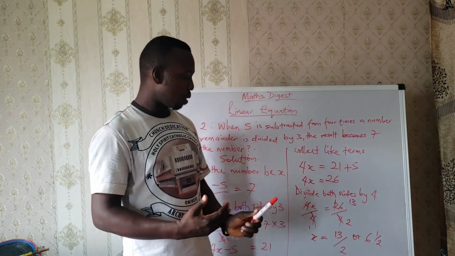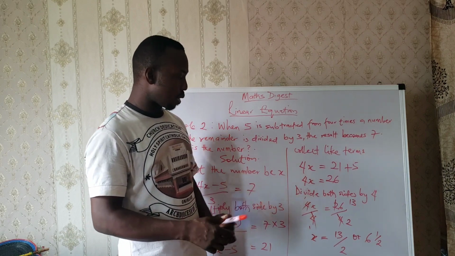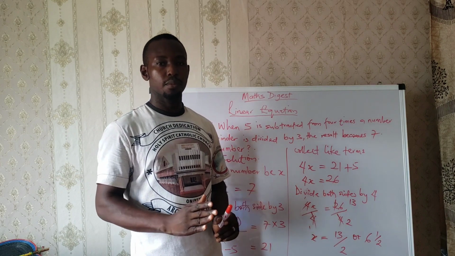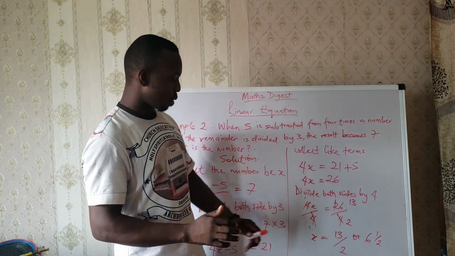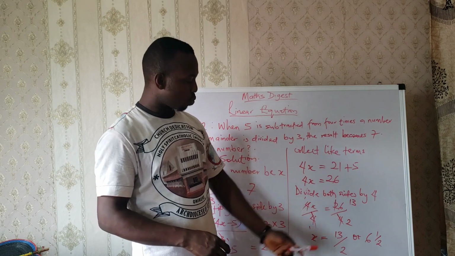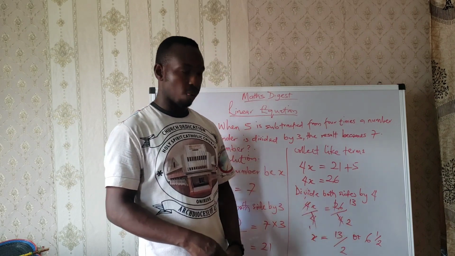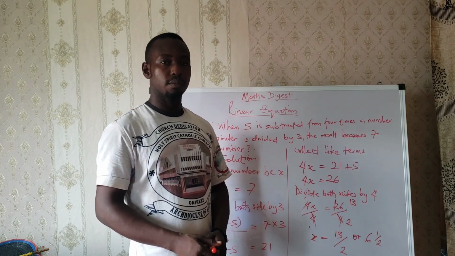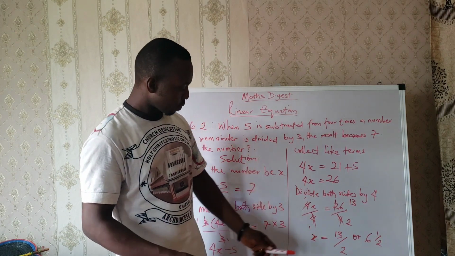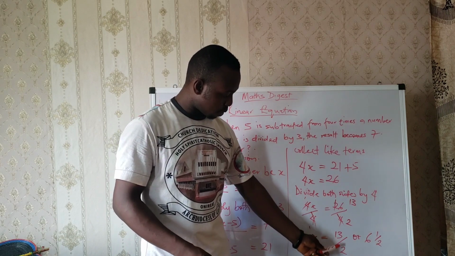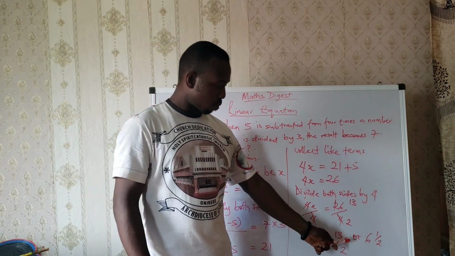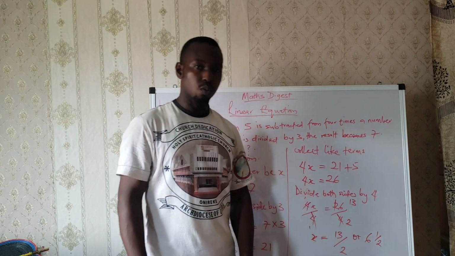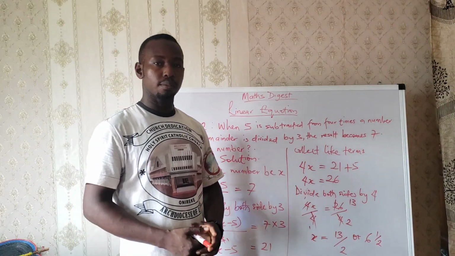So that it will be well understood, and for the fact that 4 cannot divide 26 straight away without any remainder. So 2 now divides 4 and got 2. 2 gets to this 26 and breaks it down to 13. Now x is equal to 13 over 2, or 6 whole number 1 over 2, as I explained earlier. Thank you.